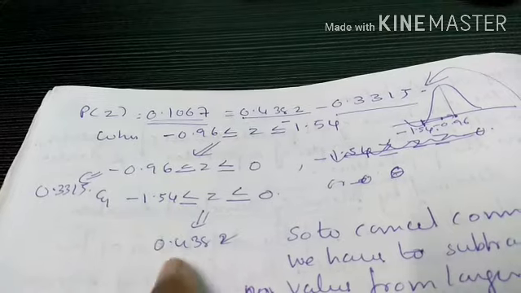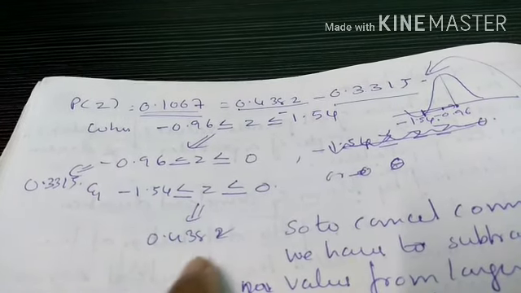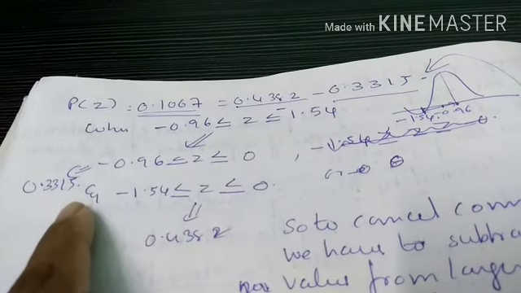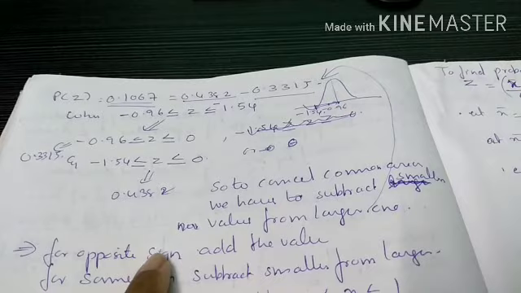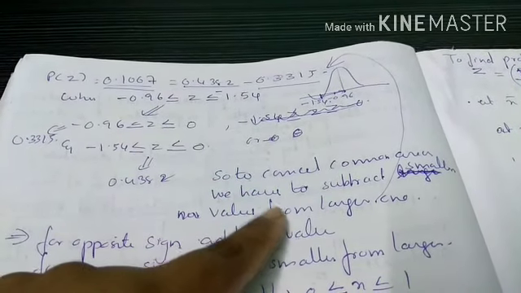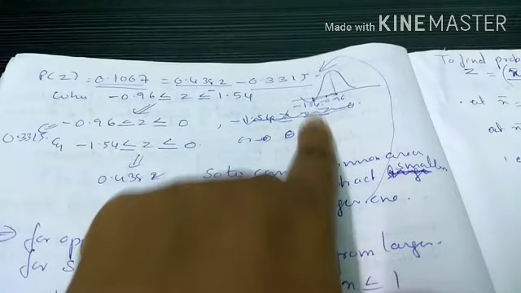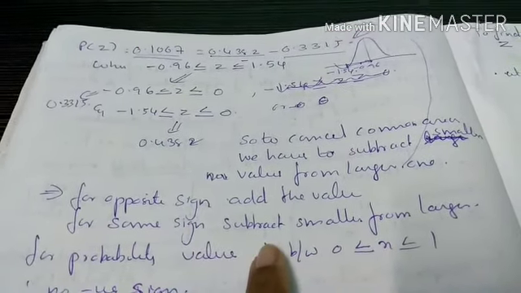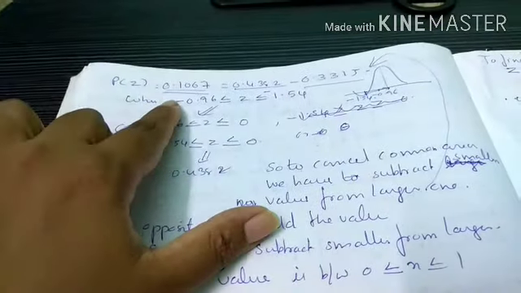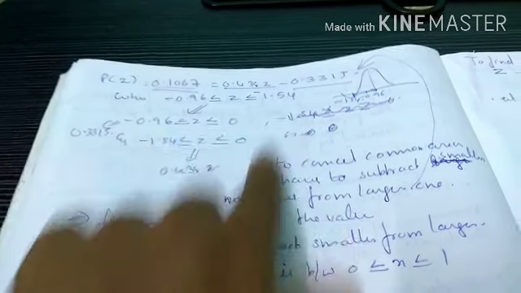The larger one has probability from the Z score table of 0.4382, and the smaller one is 0.3315. We subtract the smaller from the larger to cancel the common area between the two. So for opposite signs, add the values, and for the same sign, subtract the smaller from the larger. So we get 0.1067, that is 0.4382 minus 0.3315.